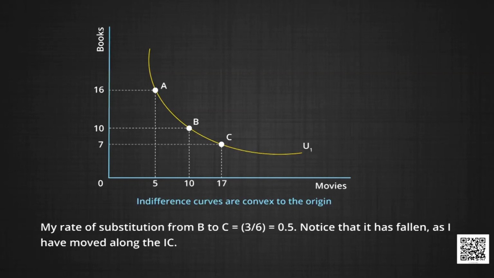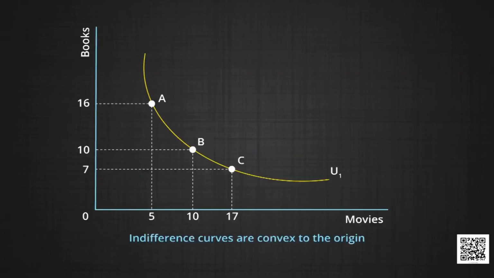Notice that this rate of substitution has fallen as I have moved along the indifference curve. The bowed shape of the indifference curve reflects this behavior. It reflects the fact that preferences typically follow a diminishing rate of substitution along the indifference curve.